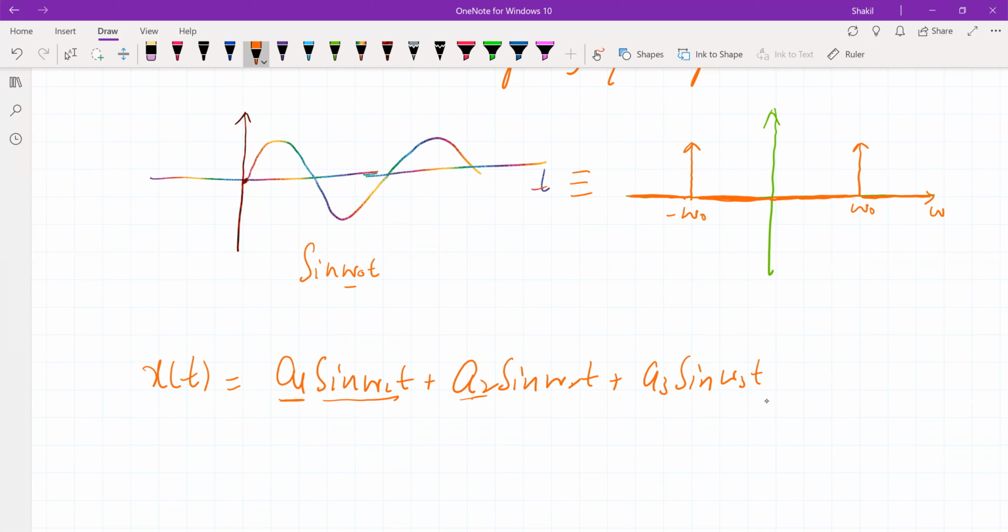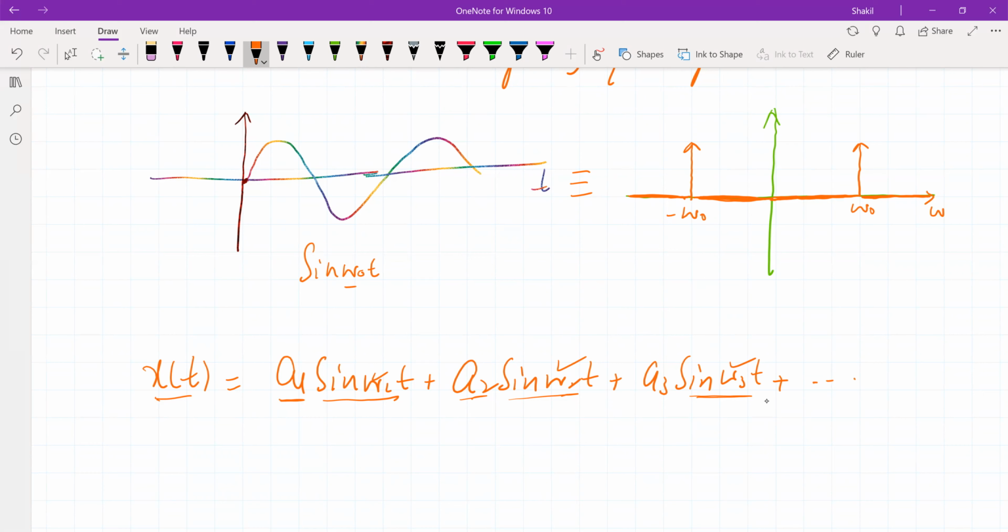Same way, a2 determines how much content of frequency omega 2 is contained in x of t, and a3 determines how much content of omega 3 is contained. So these amplitudes determine the content of each frequency. If a1 is non-zero, that frequency is present; if a2 is non-zero, then that is present.